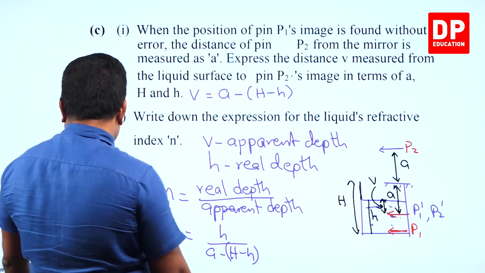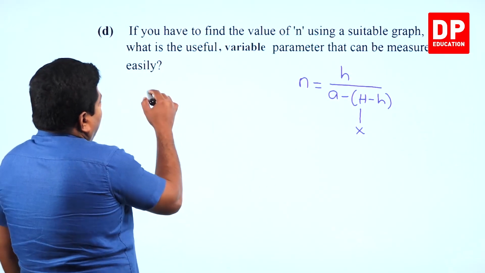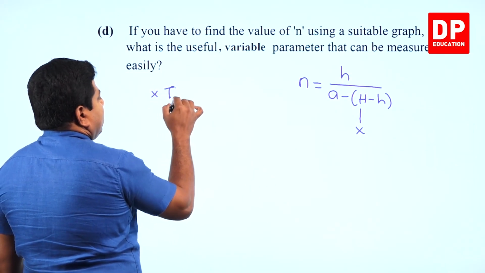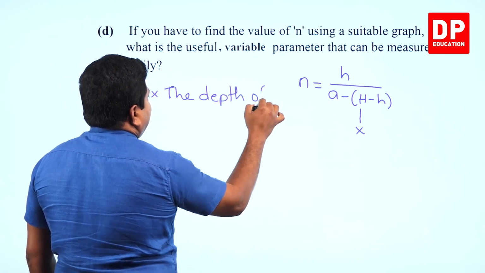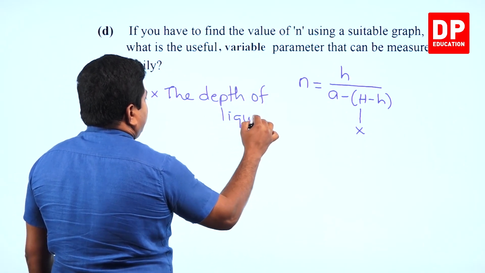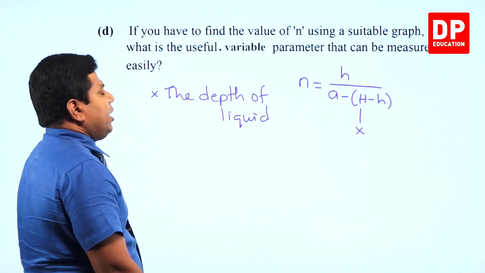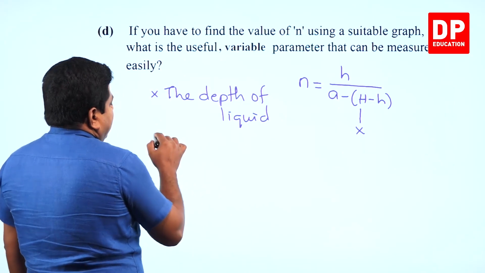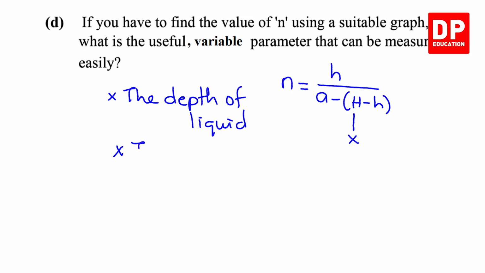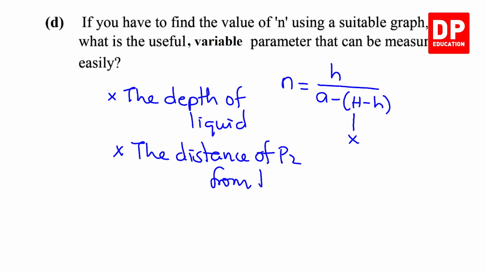So what are the variables I can take here? One is the depth of water. Water or liquid. They didn't say water, they said some transparent liquid, so let's call it liquid. The depth of liquid in the beaker. The other one, the distance of P2 from the mirror.